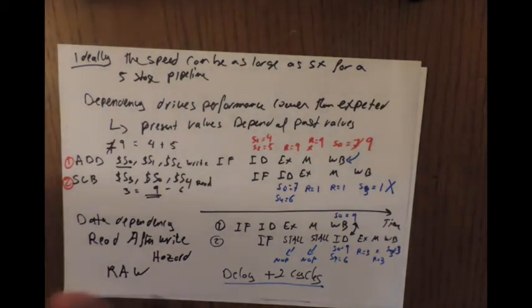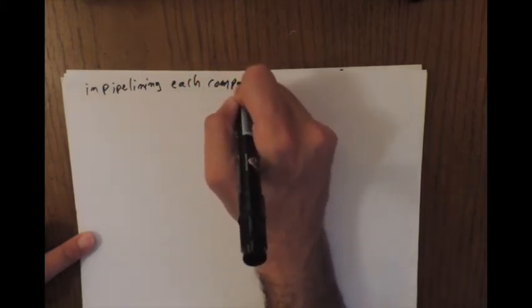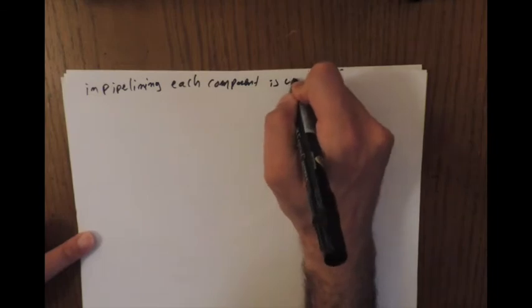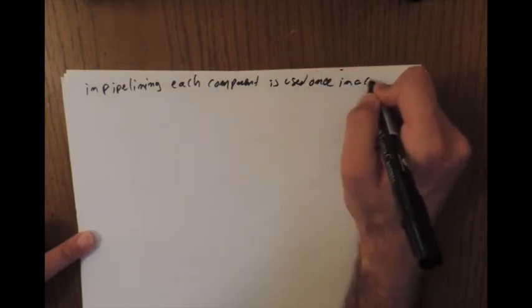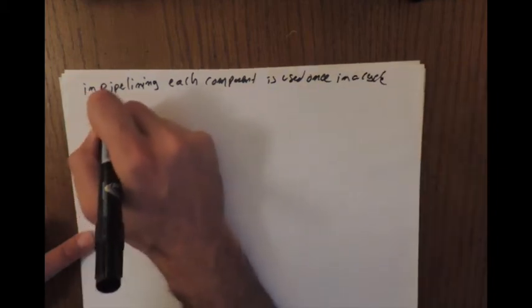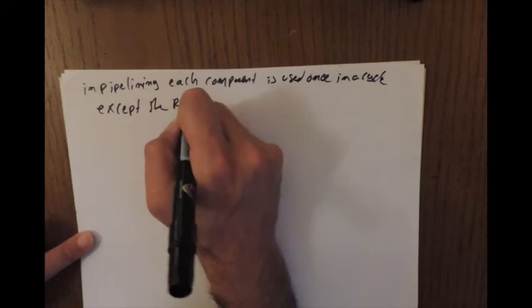Remember in pipelining, and this is an important concept, each component is used once in a cycle except the register file.